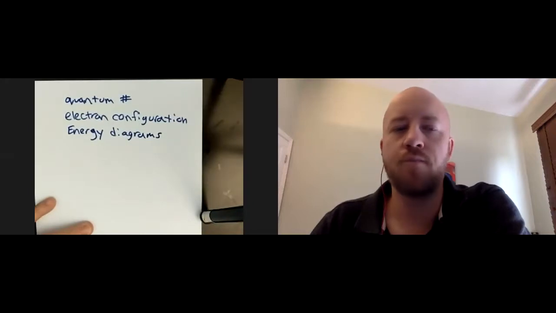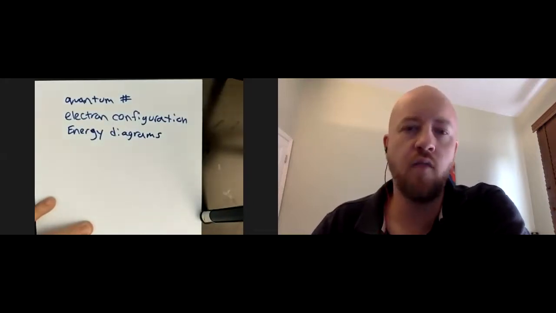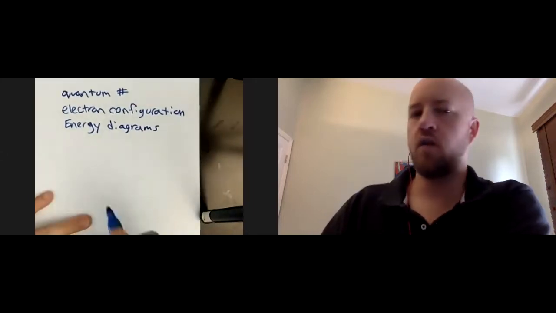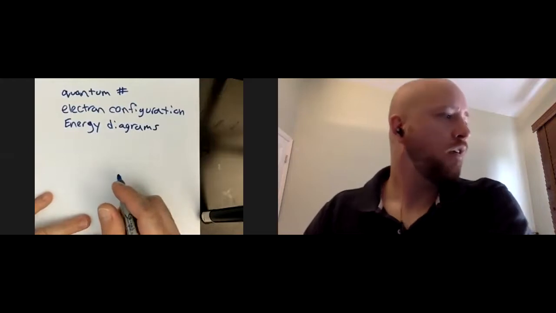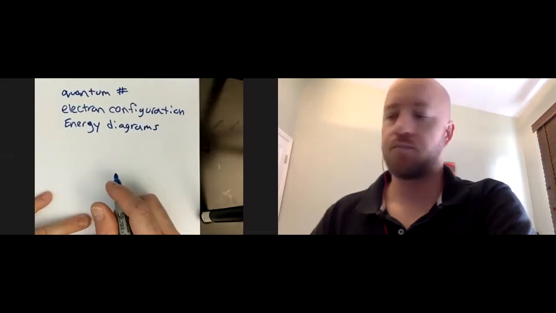So these are generally three different ways of representing the same kind of information. All right, so let's look at a couple of different problems here. The first one we're going to look at are some energy diagrams.